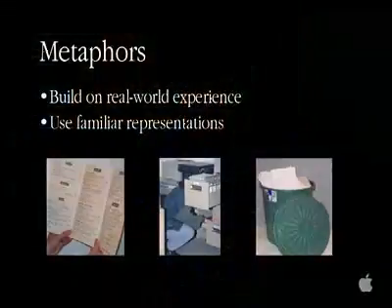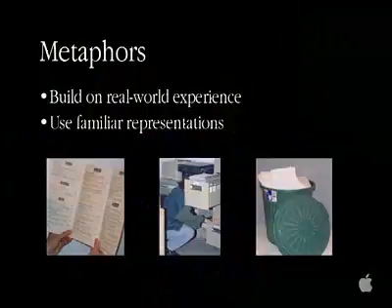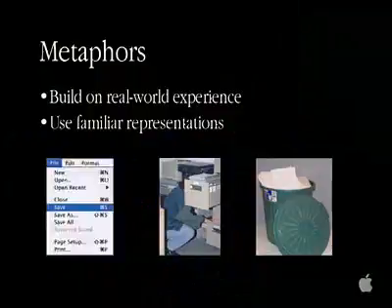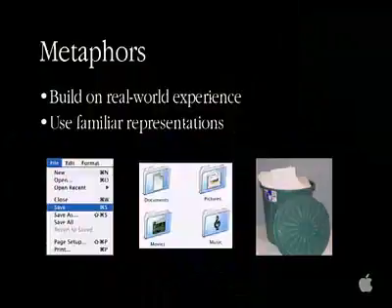Metaphors is another one. You can take real-world objects and use them as a metaphor in the interface. For example, menus are something that people are familiar with in restaurants. They know they can pick items from a menu to, in case of a restaurant, choose food. We can take that, put it in the interface, and help them out by something that's familiar. They know how to manage files and folders and coordinate them. So we can use that knowledge and build folders into the interface.